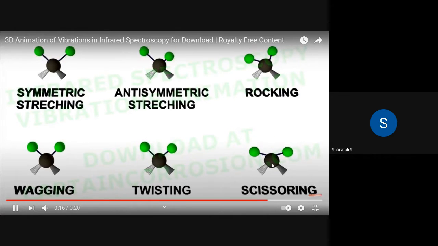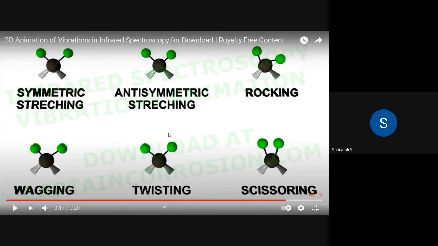All these vibrations are possible for different molecules according to their bonds, whether they are single bonded, triple bonded, or double bonded, or the atoms in that molecule. All this will determine which kind of vibrations will happen in those molecules.